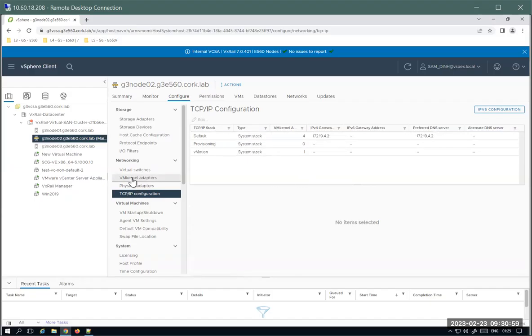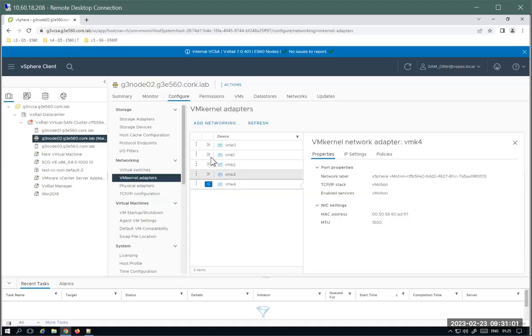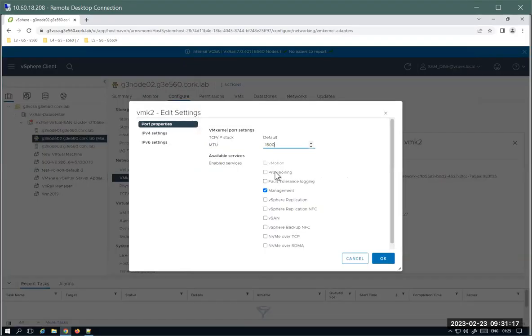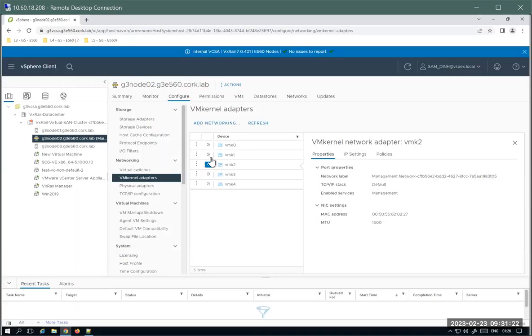So when you come back here, you check VMK2 and you check VMK4. They should be different. But if they are not different, no problem. You should go here and remove vMotion from this network, I mean this VMK2.